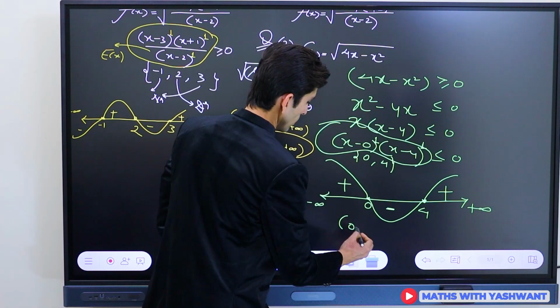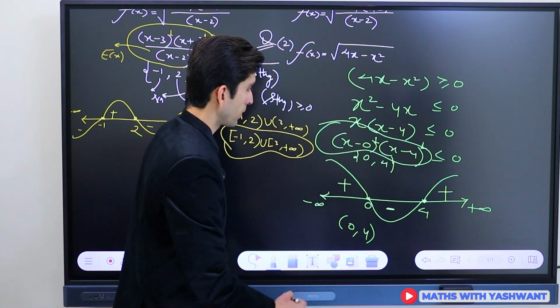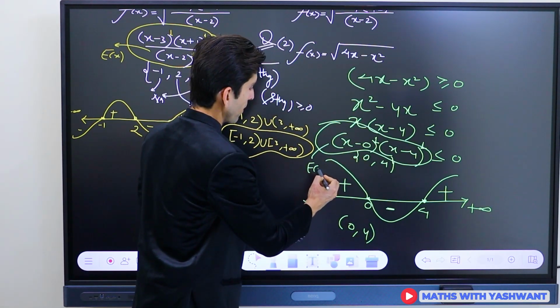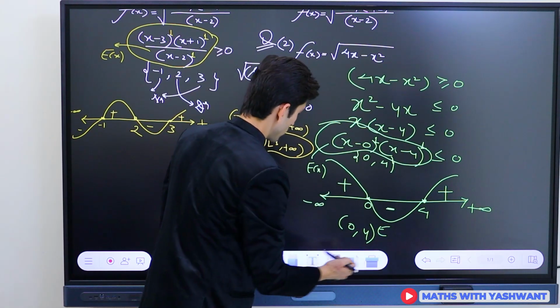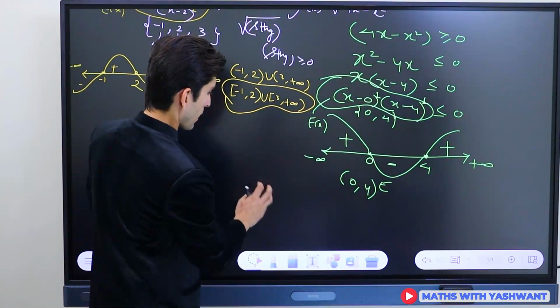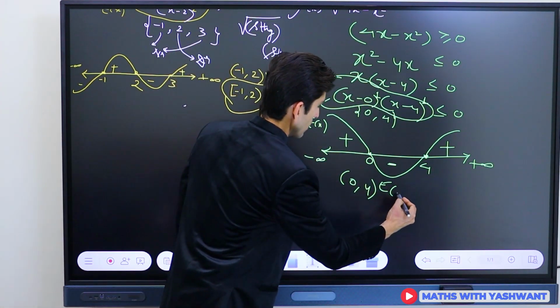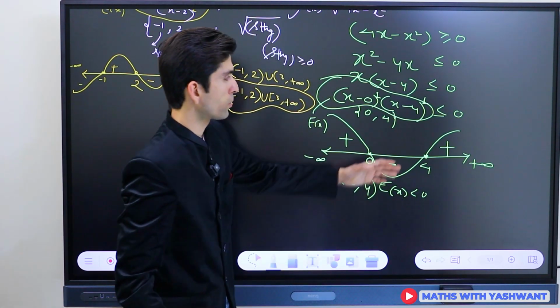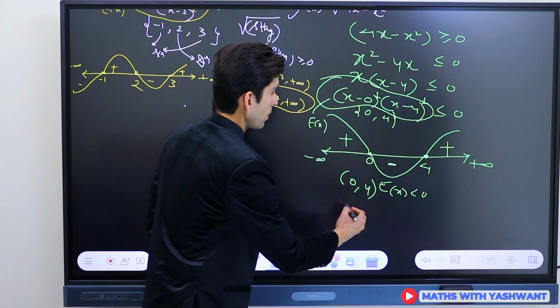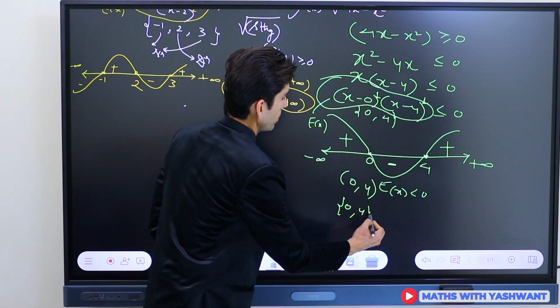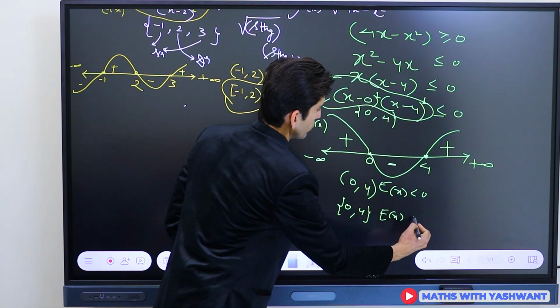Let's say this expression is E of x. So E of x is negative, and we want 0 as well. So at 0 and 4, E of x is equal to 0.